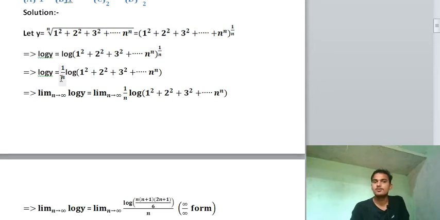So log y is equal to 1 by n will come to this place, and then we have to take the limit of both sides, limit n tends to infinity.